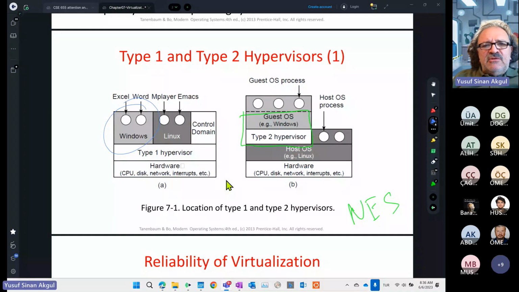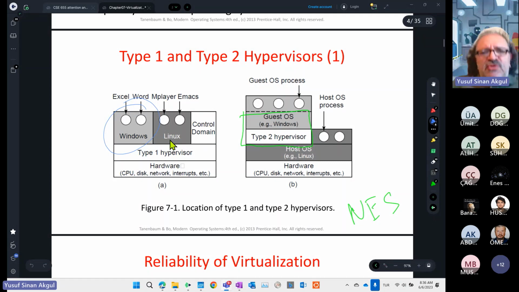This way our overall system becomes more reliable, because this type of hypervisor is much simpler than any regular operating system. Fewer lines of code means fewer chances of having a bug in this software.